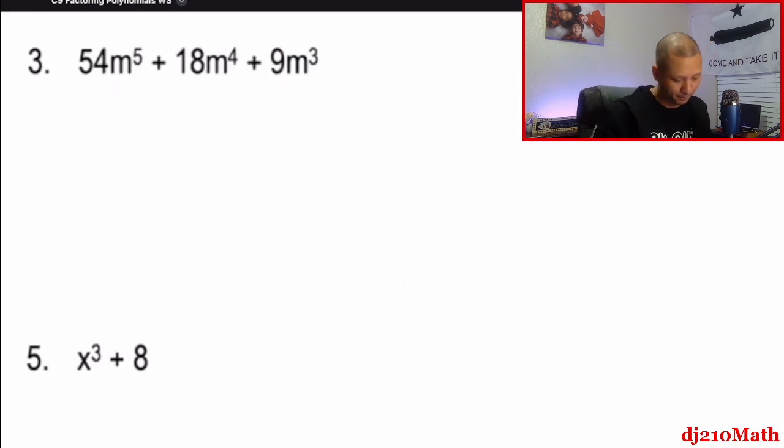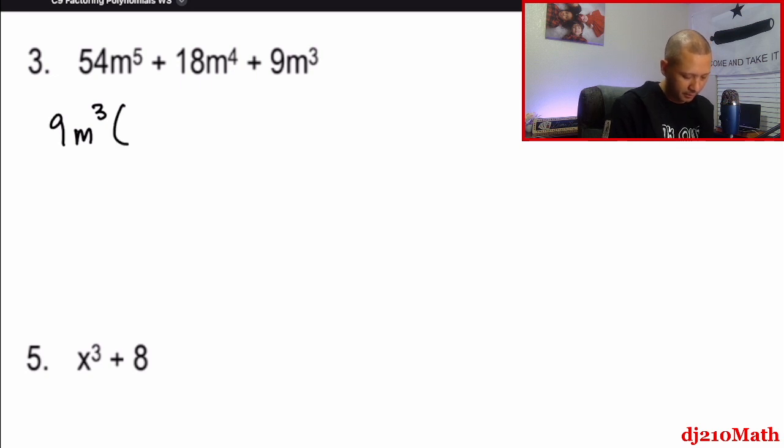All right, number 3, 54m to the 5th plus 18m to the 4th plus 9m cubed. 9 can come out of everything, right? Everything's divisible by 9. So if I take out a 9, I can also take out an m cubed.